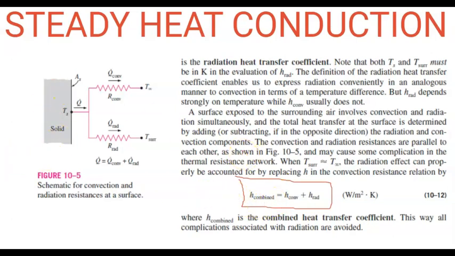The combined H is given by the H for the convection plus the H for the radiation, plus K for the conduction. Conduction we use K; H is for convection and radiation. So H combined is a combined heat transfer coefficient because of convection and radiation.